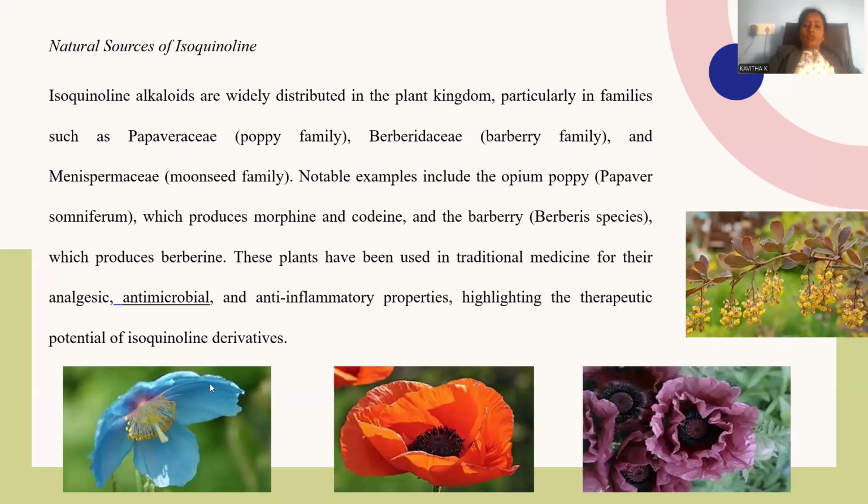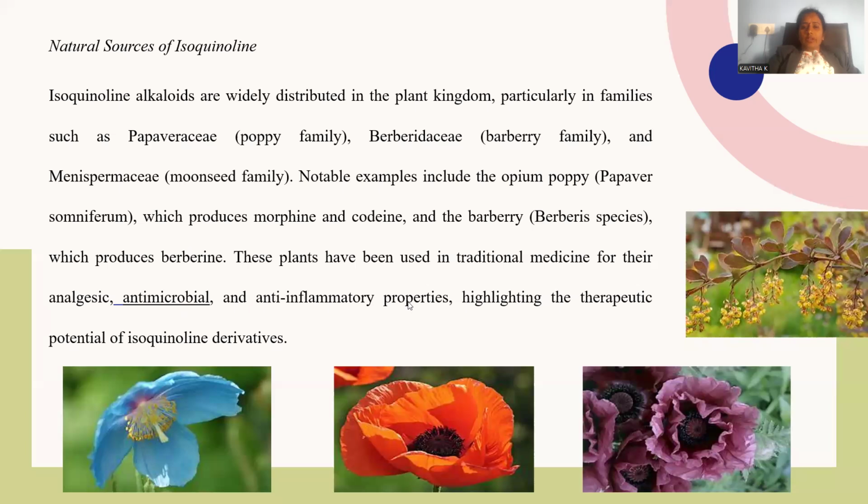These many natural sources are available to extract the isoquinoline molecule, and these plants have been used in traditional medicine as analgesics to relieve pain, and as antimicrobials. Any microbial-induced diseases, like bacterial diseases, viral infections and fungal infections, or any kind of microorganism like unicellular organisms and worm-related infections, can be destroyed by means of these materials, where isoquinoline is the important compound.